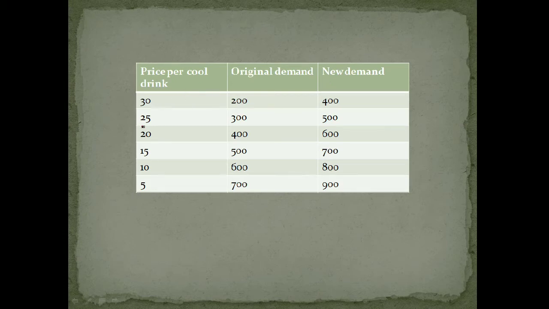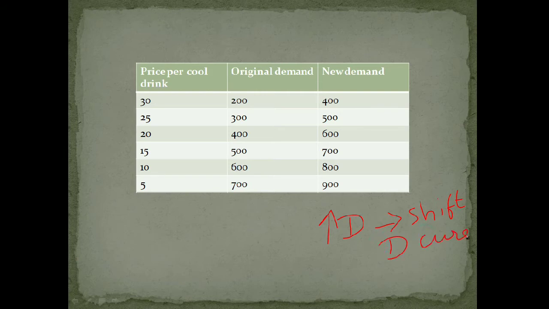The same way at 25 also, earlier it was 300, but now the demand is 500. Because of this hot weather, people are buying more and more cool drinks, and that is why there is a new demand. When there is an increase in demand, there will be a shift in the demand curve.